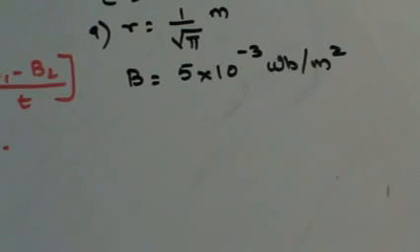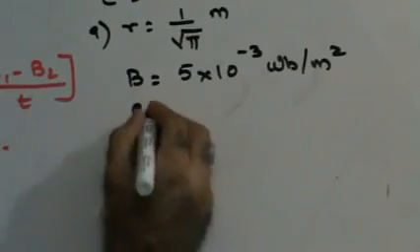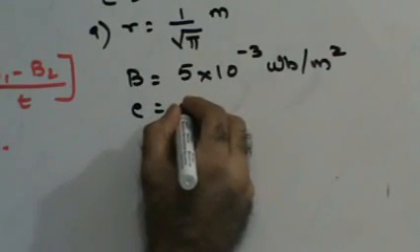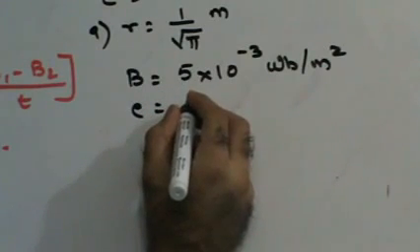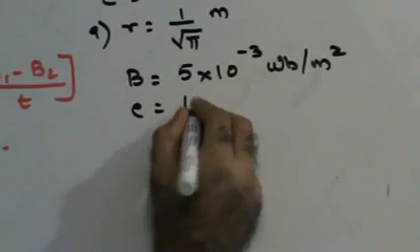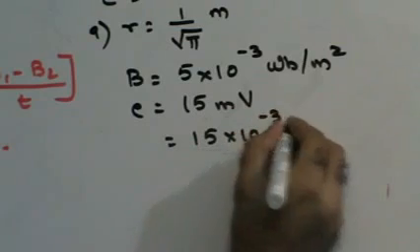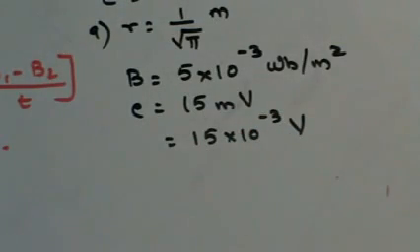Calculate the number of revolutions the rod makes per minute if the induced EMF is 15 millivolts.